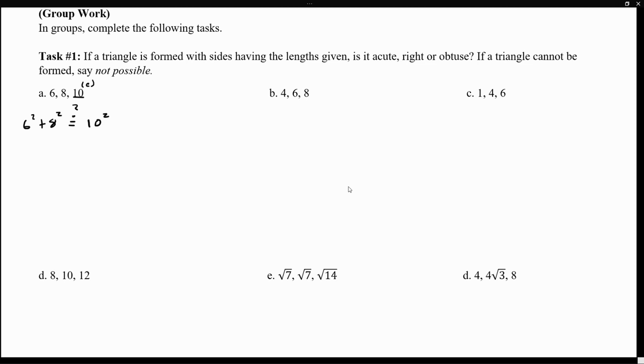Let's find out. 6 squared is 36. 8 squared is 64. Now, is that equal to 100? Yeah, definitely. 100 is equal to 100. So these three values fit the Pythagorean theorem. Therefore, my conclusion is that we do have a right triangle.